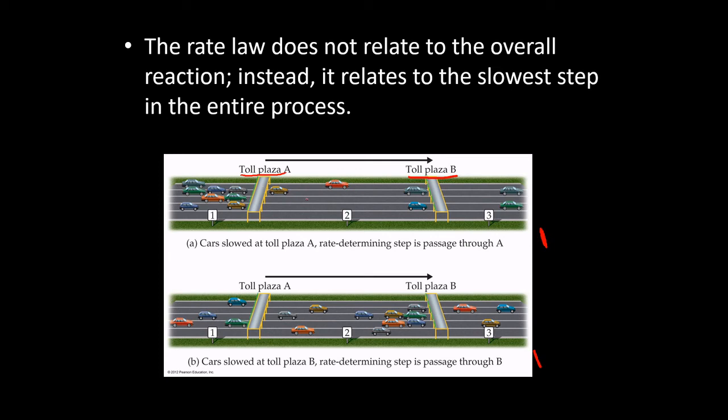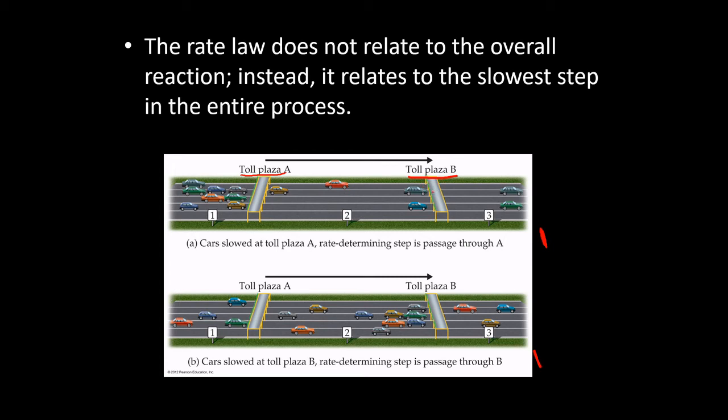Now, if they're keeping track of that, they're really going to be figuring out how quickly the cars are getting through the toll plazas. So they're not really tracking how quickly the cars can move. They're really tracking how quickly the cars get through each of these toll plazas.